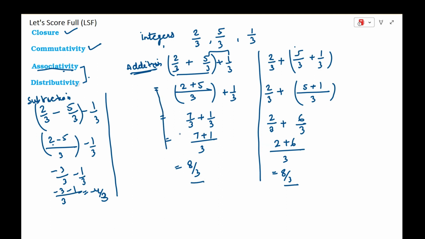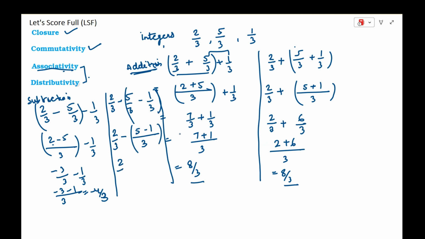Here I have less space, but I'll try to write it neatly. So when I associate the last two, I'll put a bracket over here. Then 2 by 3 minus, the LCM is 3. Then 5 minus 1.